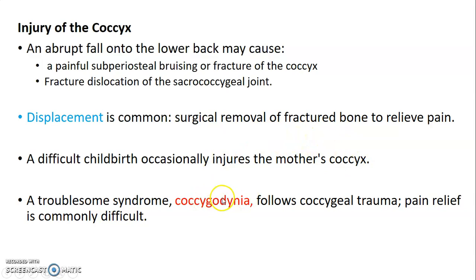Again, we have coccygodynia, a troublesome syndrome after trauma to your coccyx. So coccygeal trauma causes coccygodynia. It's pain around the region of the coccyx.